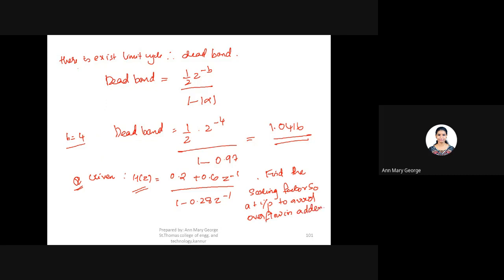You have to find the value of S0 at the input to avoid the overflow in the adder. The question is given as the transfer function of a digital filter.